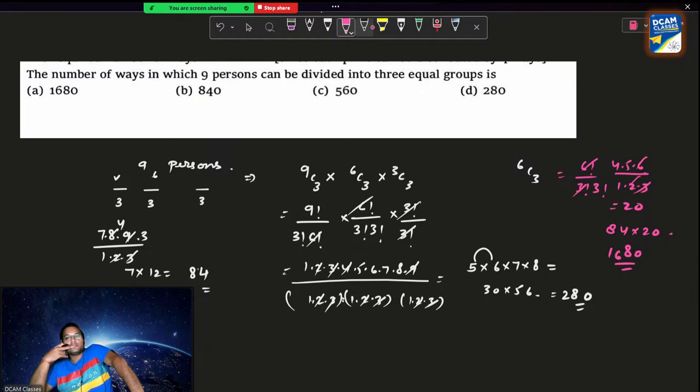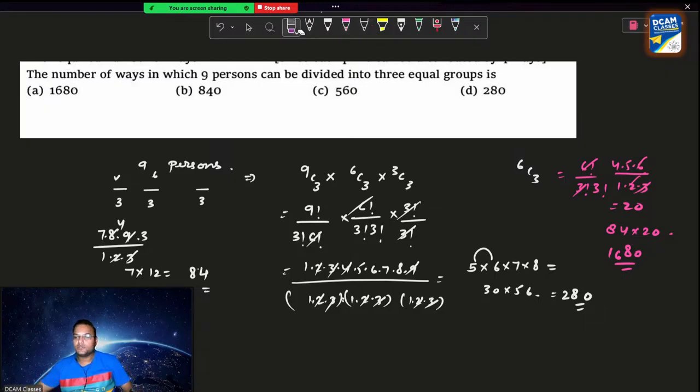6 factorial is cancelled with 6 factorial, 3 factorial with 3 factorial. 1, 2, 3 cancelled. 2 2s are cancelled with 4. So 5 into 6 into 7 into 8 is 1680.